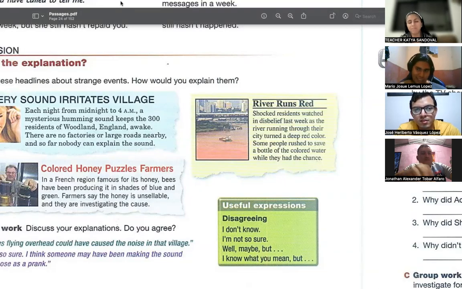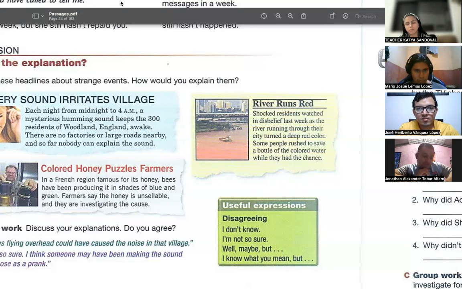Okay. Seaweed. Okay, what do you think, Jonathan? Okay, teacher. I understand a little of this paragraph, but I think it is for the factories, when the factories throw their waste, right?